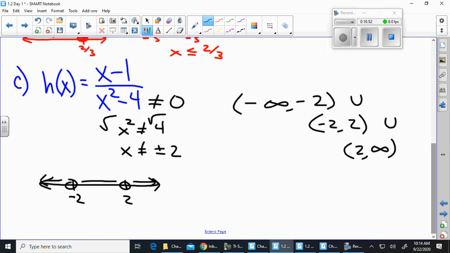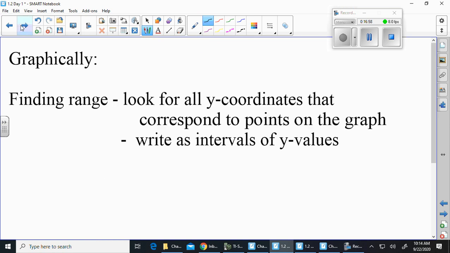So that is a quick, I mean not quick because it's like 17 minutes, but that gives you an introduction of domain. With range, think of range graphically right now. Look for all y coordinates low to high. Because we're writing as intervals, smallest number goes before the biggest number. So you're going to have a couple of those to try.